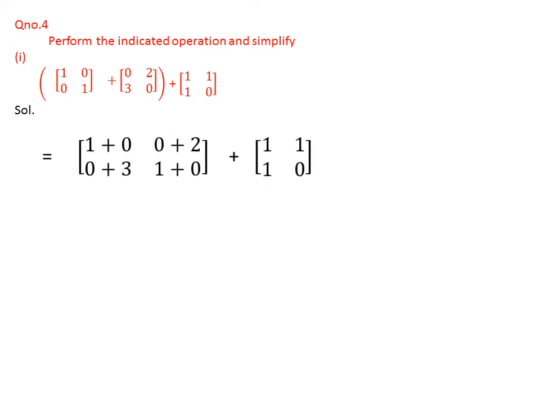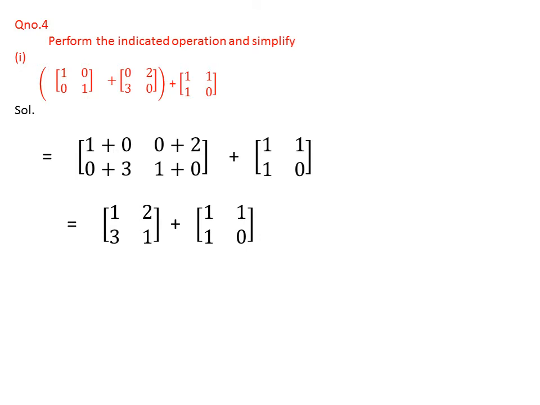We can write it as 1 plus 0, 0 plus 2, 0 plus 3 and 1 plus 0. And after this we will write the third matrix as it is, which has the elements 1, 1, 1 and 0. Now we will solve the first matrix, which will give us the elements 1, 2, 3 and 1, and we write the second matrix as it is.